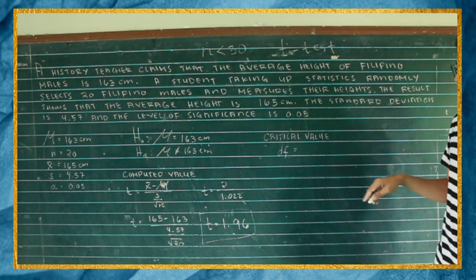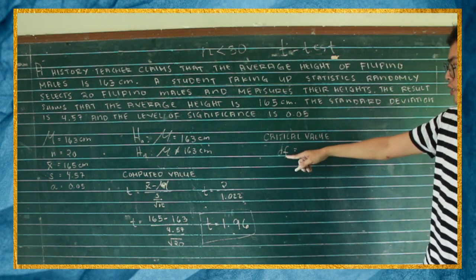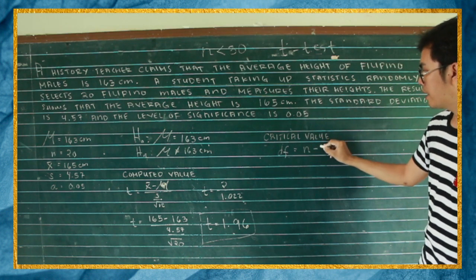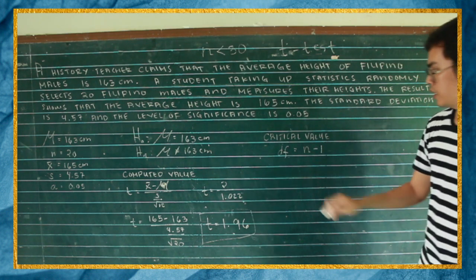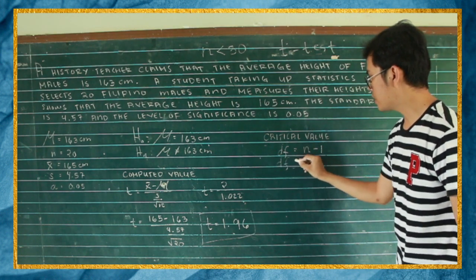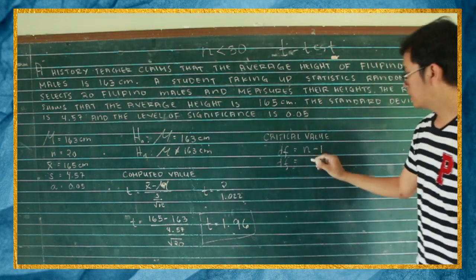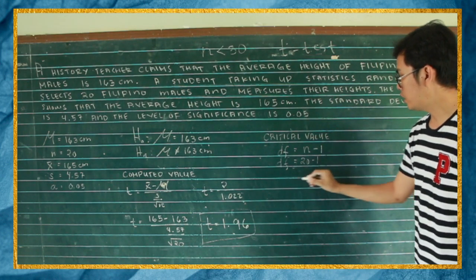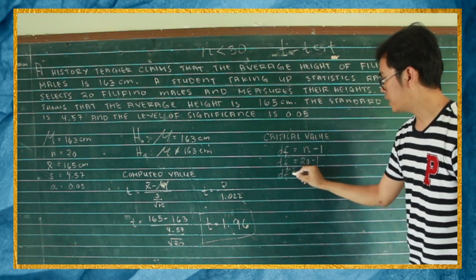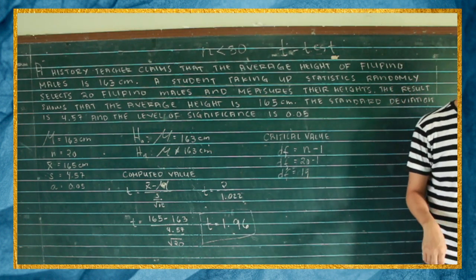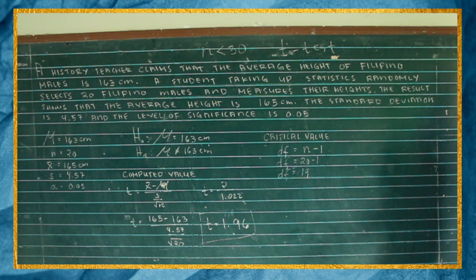So, paano natin malalaman ang DF? That is just n minus 1. So, DF is equal to, ang n natin is 20, 20 minus 1. So, ang DF natin is 19. Sabihin, ang degrees of freedom is 19. Pero hindi pa yan yung critical value. That is only the degrees of freedom.